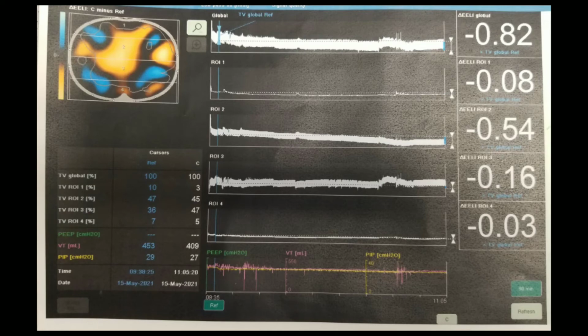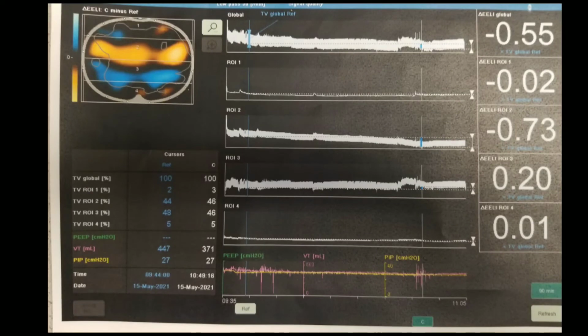There's some loss in the ventral, a significant amount in region of interest 2, the mid-ventral, some in the mid-dorsal, but we also have some blue that's appearing on each side of region of interest 3 and 4.